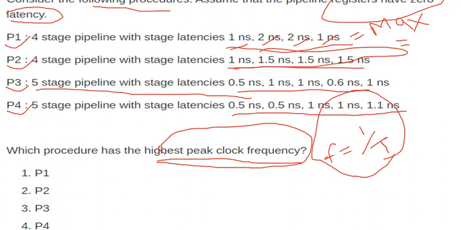In these delays, the maximum is 2 nanoseconds. And as the numerical gives 0 nanosecond register latency, if we add these together we get 2 nanoseconds. So for the P1 procedure, the clock time is 2 nanoseconds. In a similar fashion, we can calculate for P2, P3, and P4.